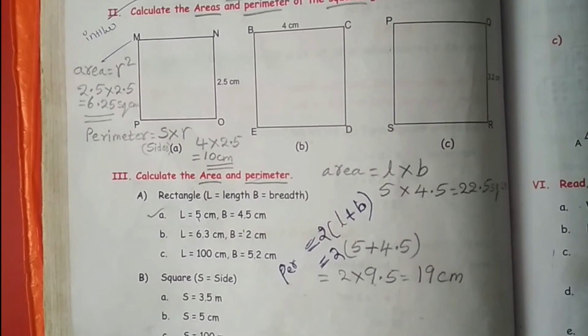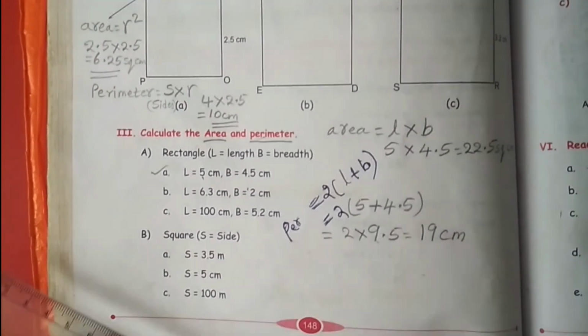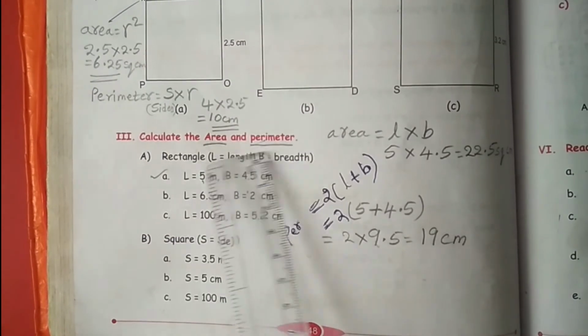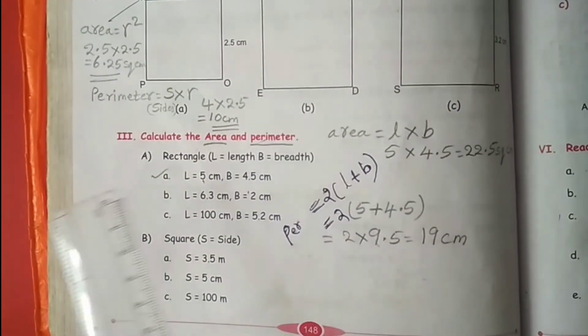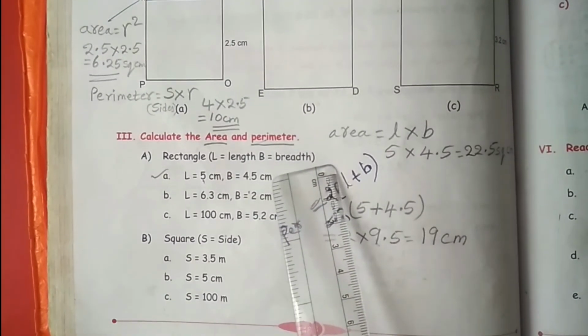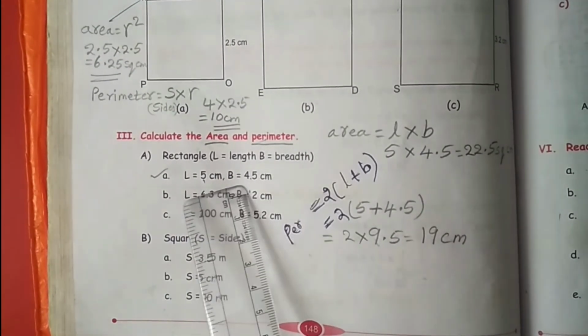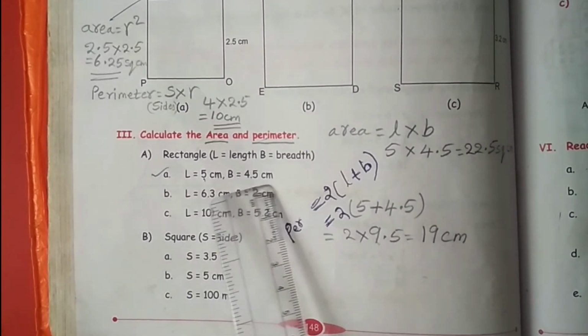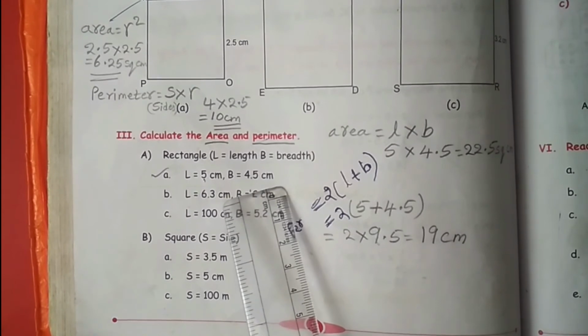Right? So, coming to the third bit, calculate the area and perimeter. Rectangle, L is equal to length, B is equal to breadth. Here they have given the length as 5 centimeters and the breadth as 4.5 centimeters.